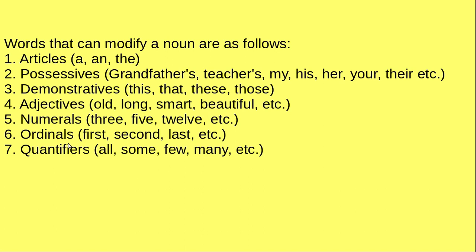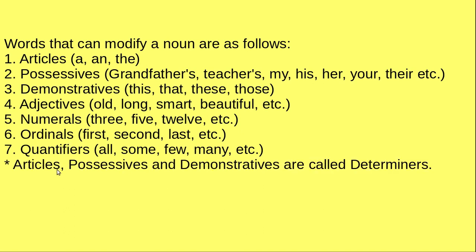Study well. Now, articles, possessives and demonstratives are together called determiners. So a and the, my, her, or your, this, that, these, like words can be called determiners.